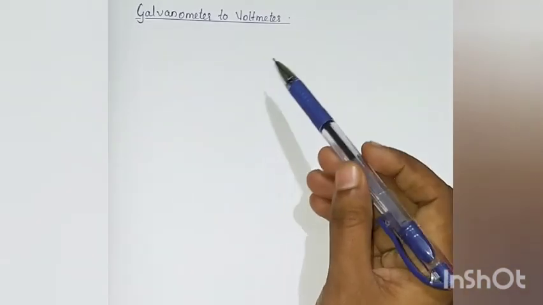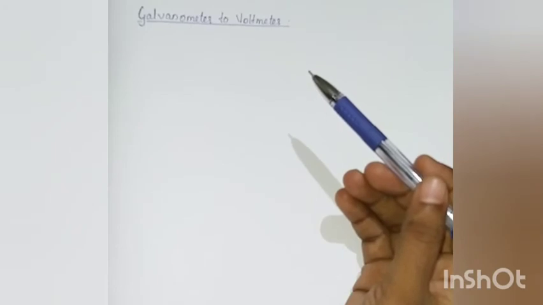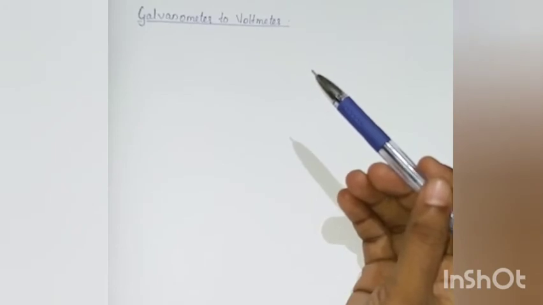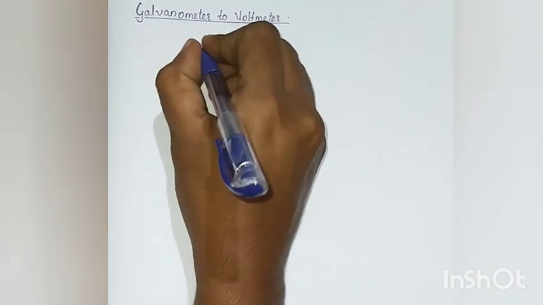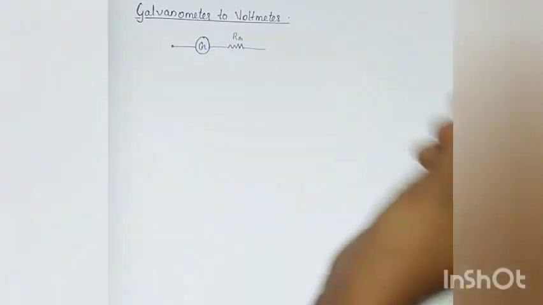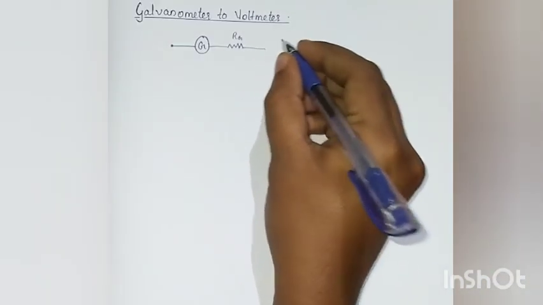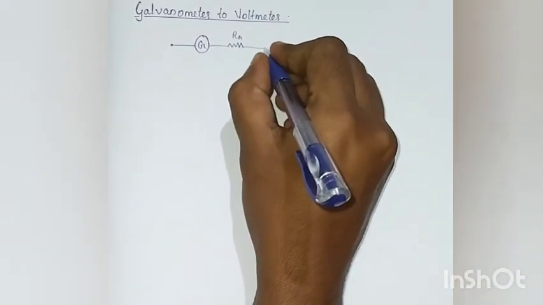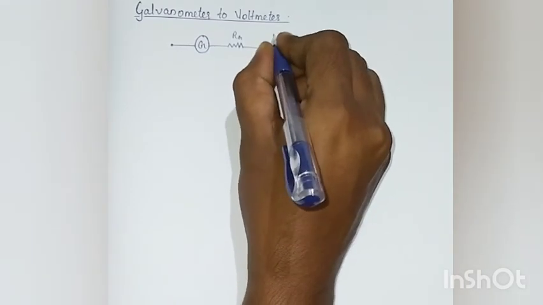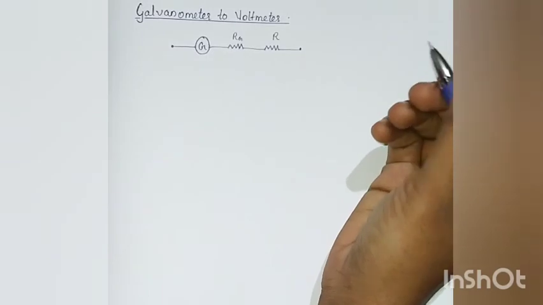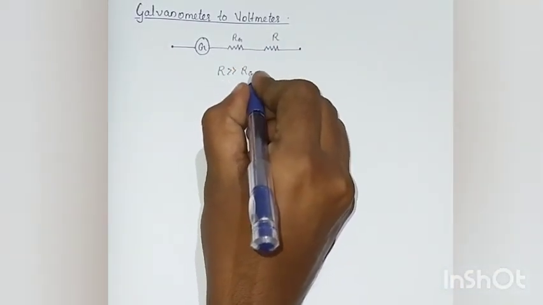Here, to convert a galvanometer to a voltmeter, we are connecting a high resistance in series with the galvanometer. So this is the representation of our galvanometer, and to convert this galvanometer to a voltmeter, we are connecting a high resistance in series with this galvanometer. Here R is a high resistance used, which is very much greater than Rg.